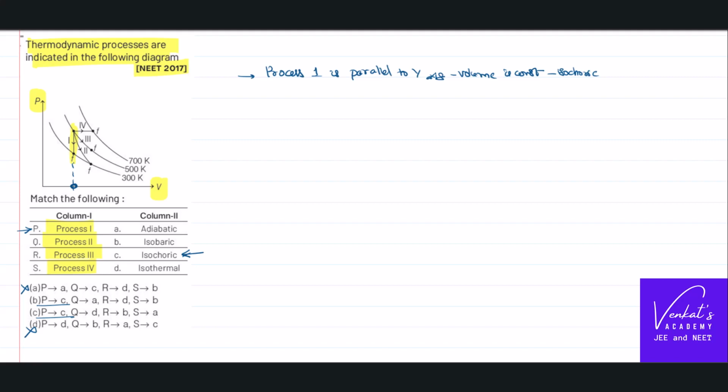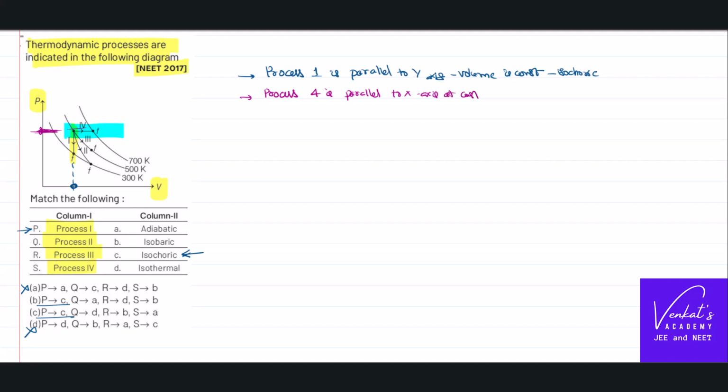Now look at process 4 for simplicity. This is the process 4 graph that I am drawing. You can see process 4 is parallel to x-axis. You can extend it. This is all happening at a constant pressure at this value.